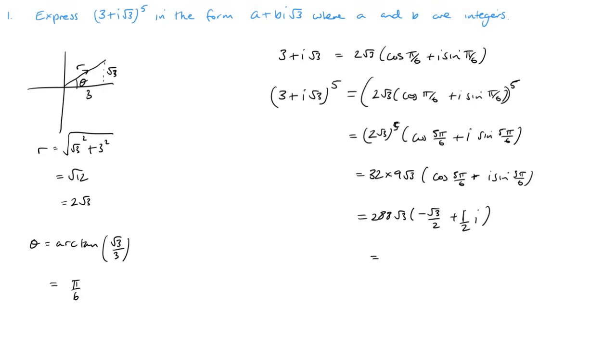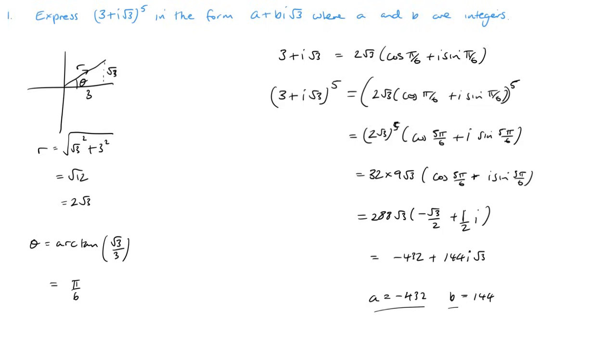And that will give me minus 432. And then plus, a half of that, so 288 divided by 2 is 144 i root 3. So now we've got this in the form a plus bi root 3, where a is minus 432 and b is 144.